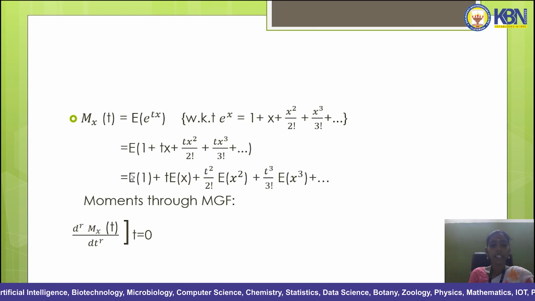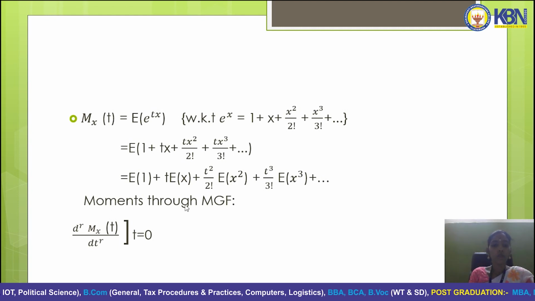We can write this as expectation of 1 plus t, which is a constant, times expectation of X, plus t square by 2 factorial, which is a constant, times expectation of X square, plus t cube by 3 factorial into expectation of X cube and so on. We apply expectation only to the variable.